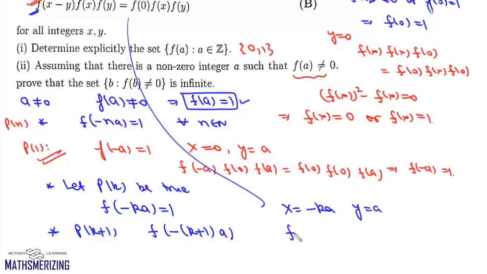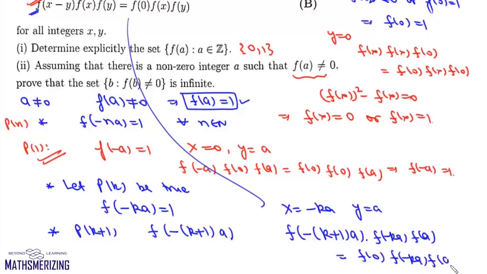We can write f(-(k+1)a) into f(-ka) into f(a) will be equal to f(0) into f(-ka) into f(a). Now f(-ka) is 1, f(a) is 1. So from here we can say f(-(k+1)a) is also 1. So P(1) is true, and assuming P(k) to be true, P(k+1) is true. That means from induction we can say that the statement P(n) is true.